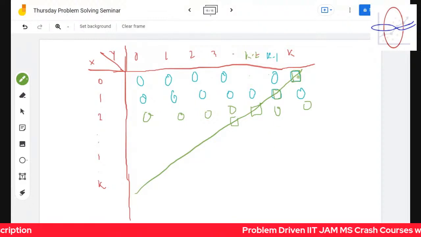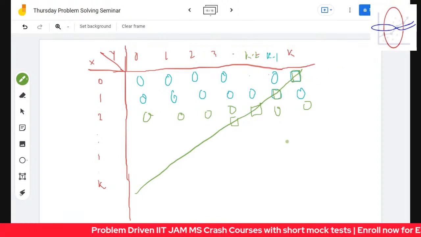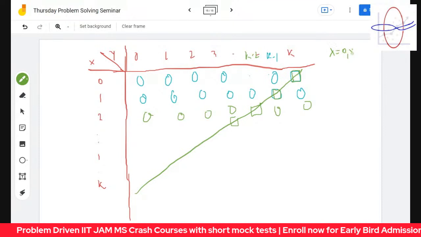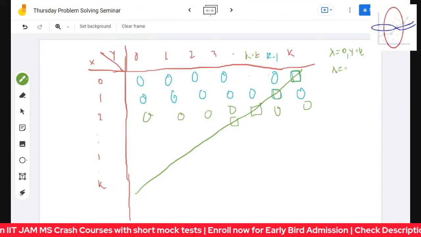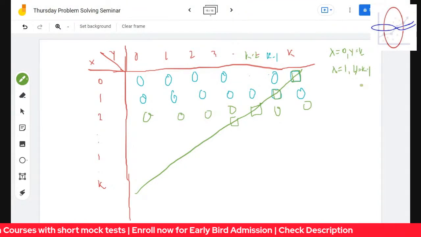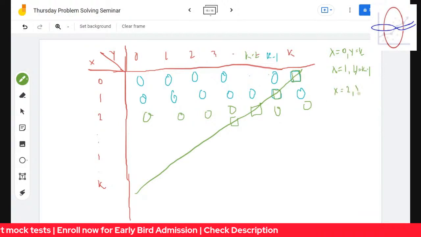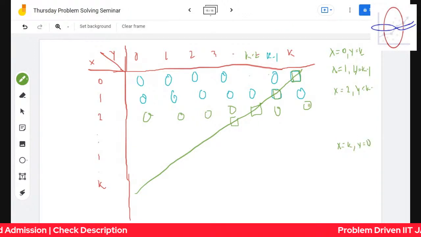Why is that so? Perfect. There are k plus 1 cases: x is equal to 0, y is equal to k; x is equal to 1, y is equal to k minus 1; x is equal to 2, y is equal to k minus 2; and so on, up to x is equal to k, y is equal to 0. So that's k plus 1 cases. So 1 by k plus 1, and all the others are 0.